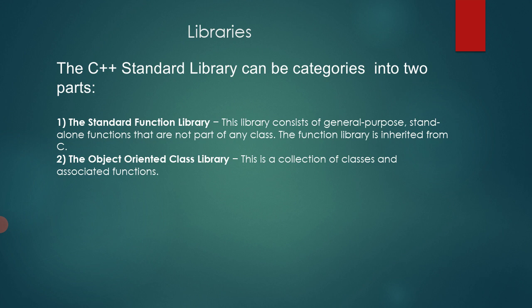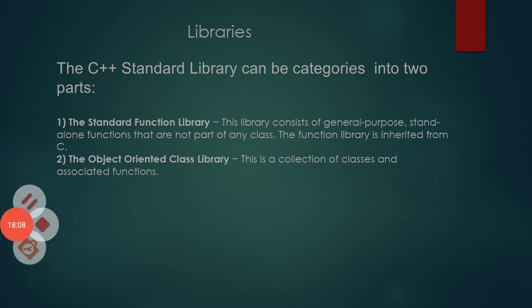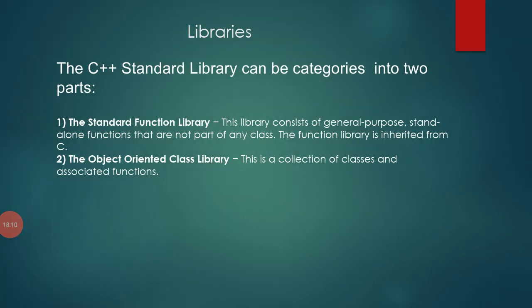All the functions related to classes, and the concepts of classes, inheritance and polymorphism come under the object oriented class library. Now we have to study what type of functions come under the standard library and what type come under the object oriented library. I hope it is clear to you. The very basic and general purpose functions come under the standard library, whereas the functions related to class, inheritance, polymorphism and these concepts come under the object oriented class library.